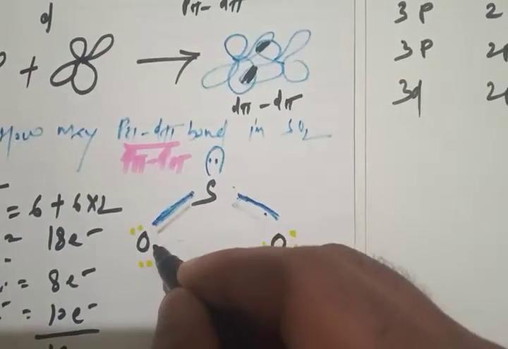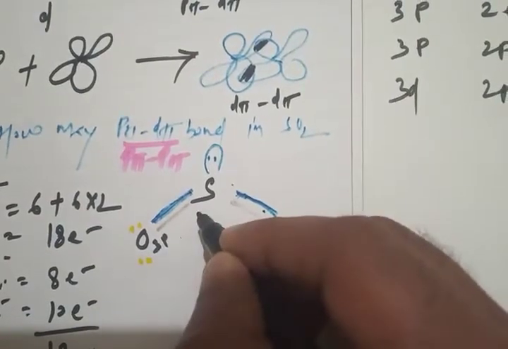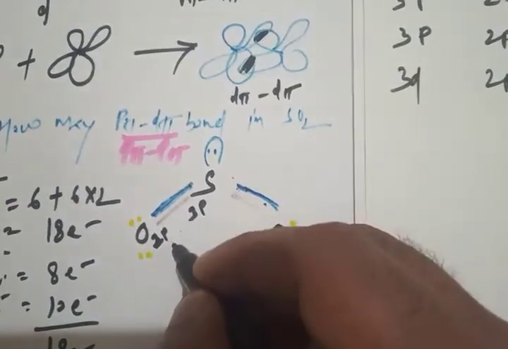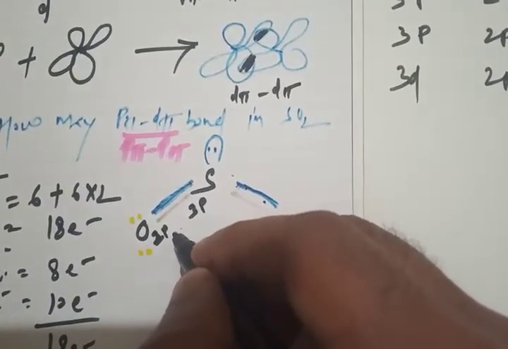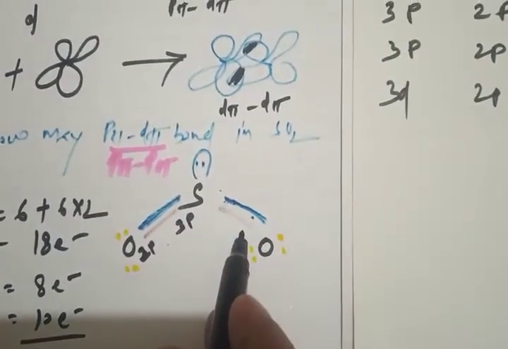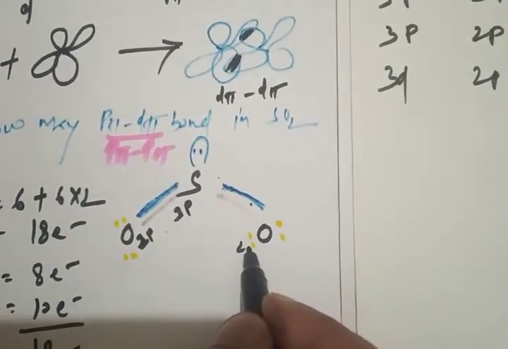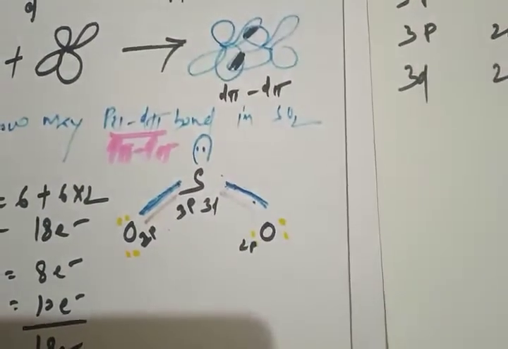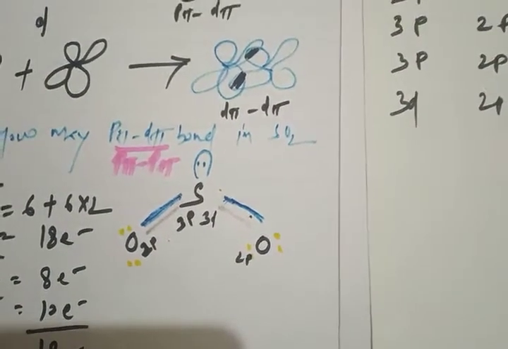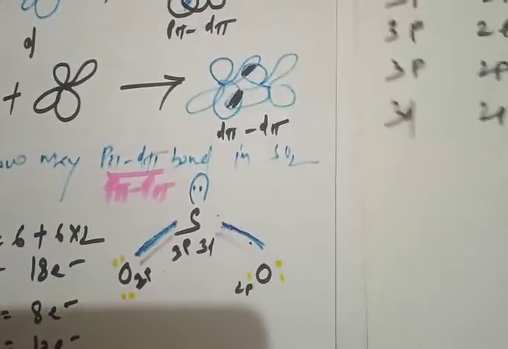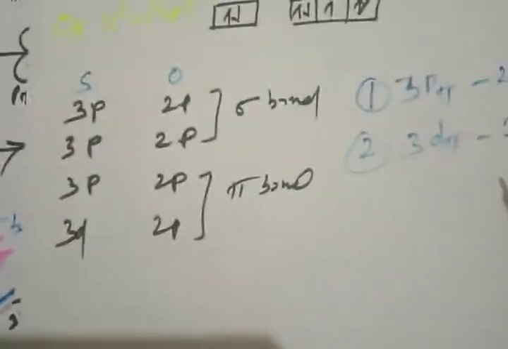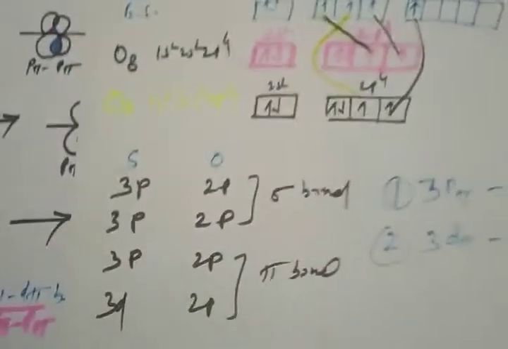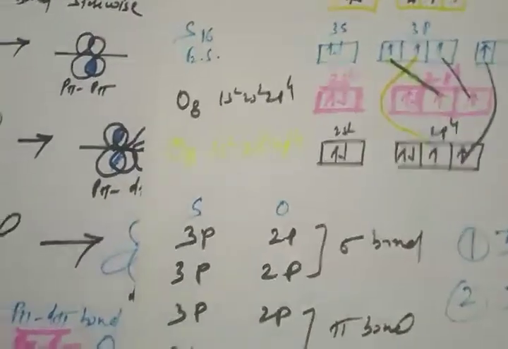This pi bond is of the 2p of oxygen and the 3p of sulfur, and this pi bond is the 2p of oxygen and the 3d of sulfur. Got it? So we have one p pi p pi and one p pi d pi. This is how you have to discuss the answer in the examination.